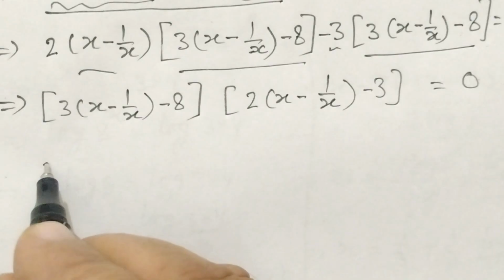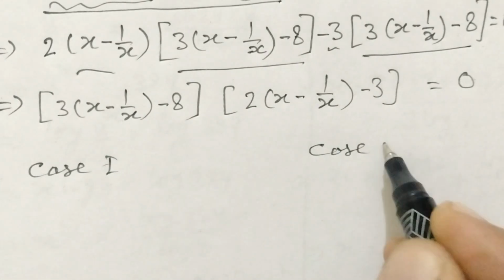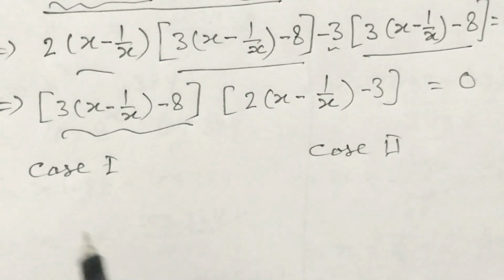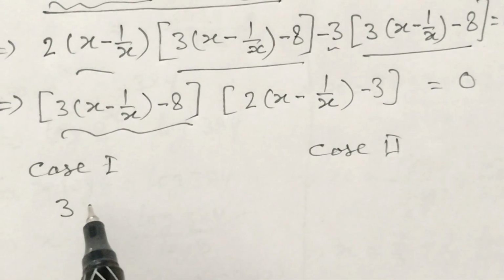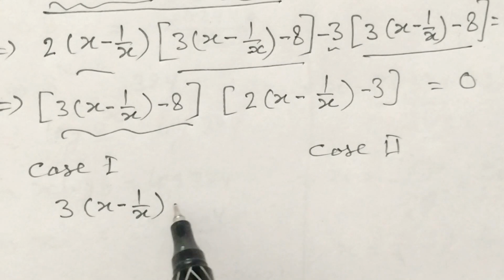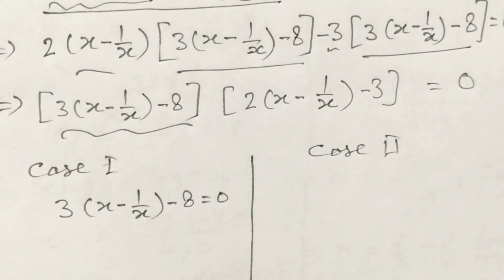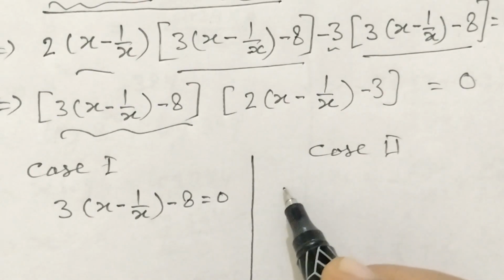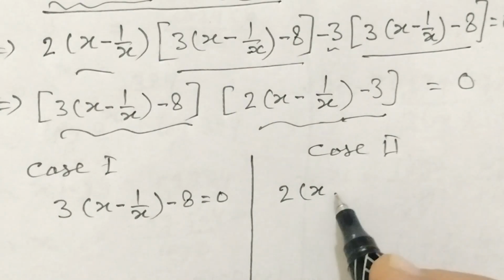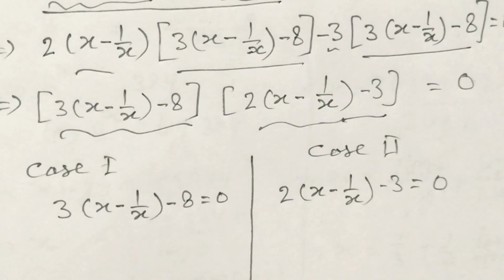Now we have two cases. Case first: 3(x - 1/x) minus 8 is equal to 0, and case second: 2(x - 1/x) minus 3 is equal to 0, right?